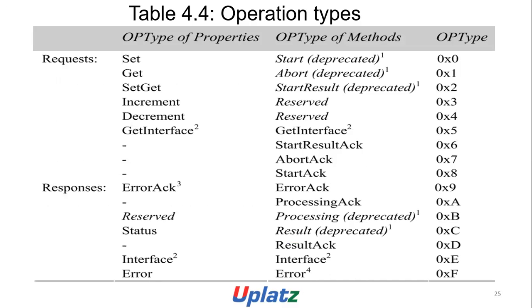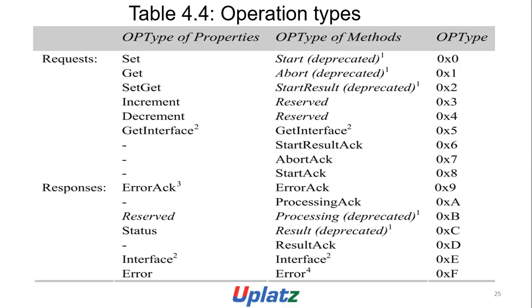Operation types, OP types of properties, OP types of methods. OP type, request: set, start (deprecated) 0x0; get, abort (deprecated) 0x1; set/get, start result (deprecated) 0x2; increment, result 0x3; decrement, result 0x4; get interface 0x5.